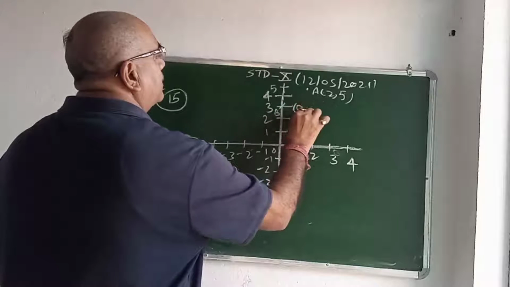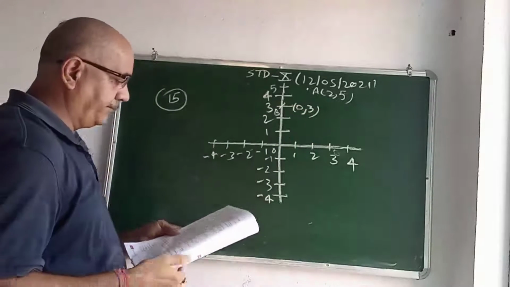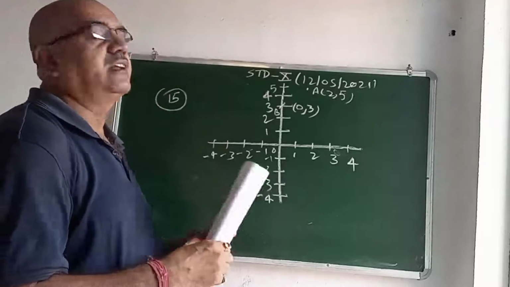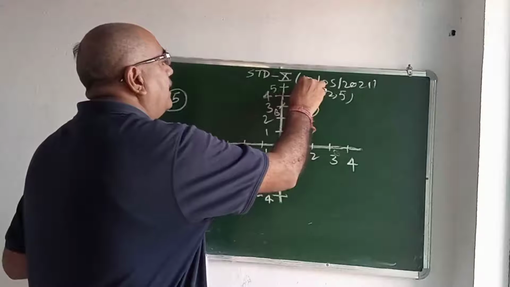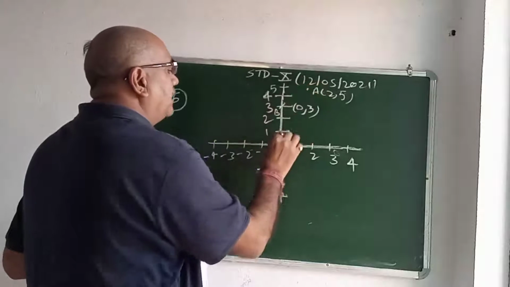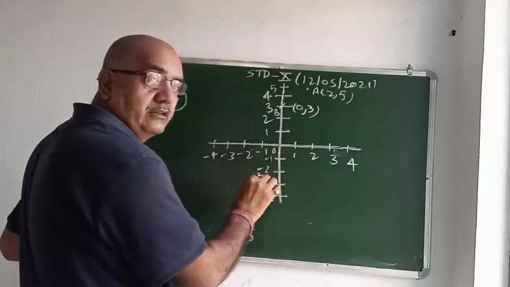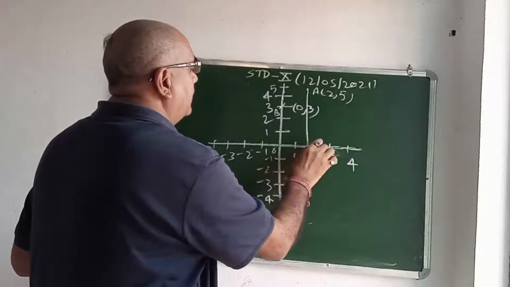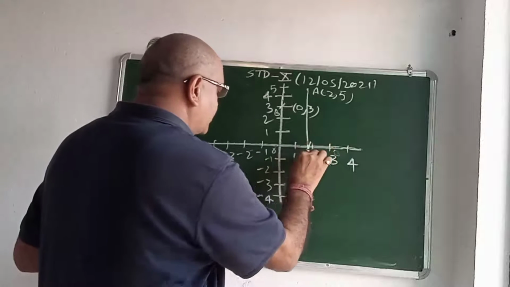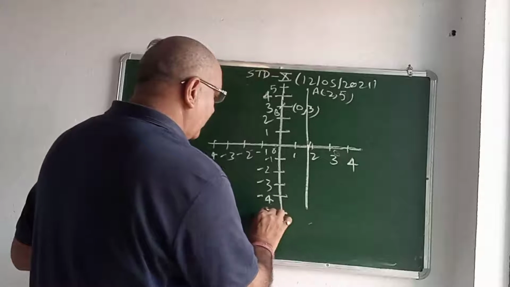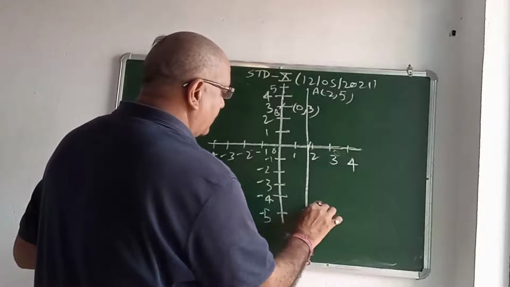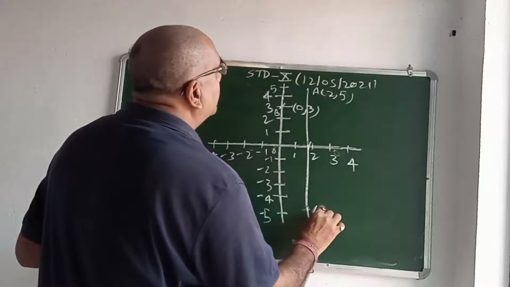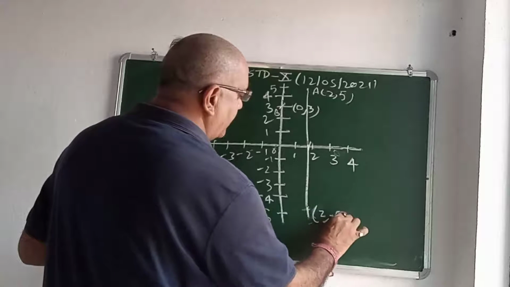The x coordinate is 0, and y is 3. This is B. Now find A dash, the image of A under reflection in the x-axis. So A is reflected on the x-axis, this is the x-axis. So this point is reflected on the x-axis, up to the same length, minus 5 here. 2 and minus 5, this is the coordinate.